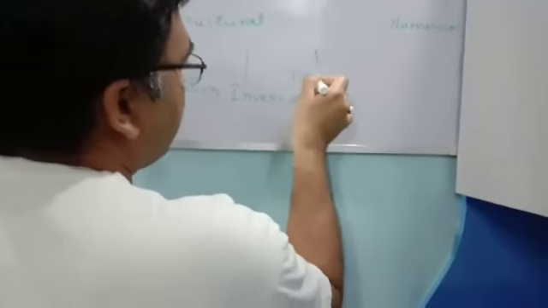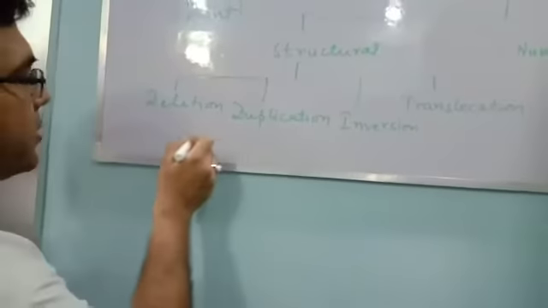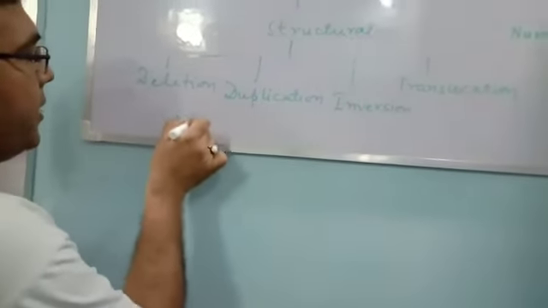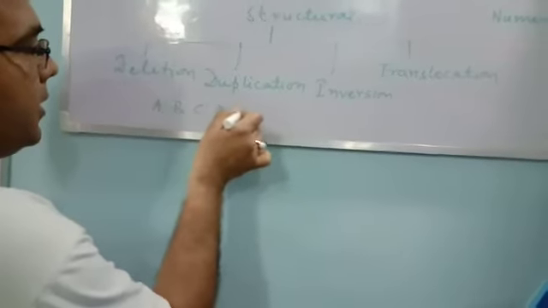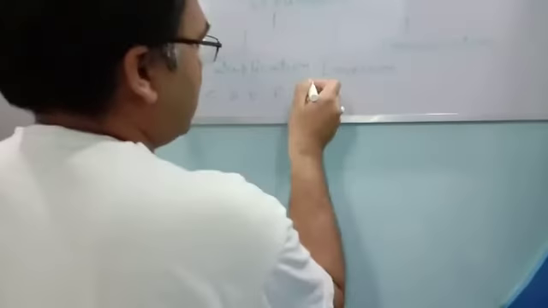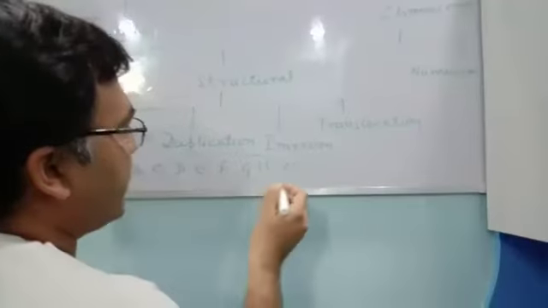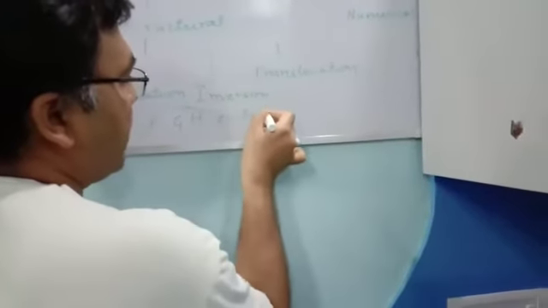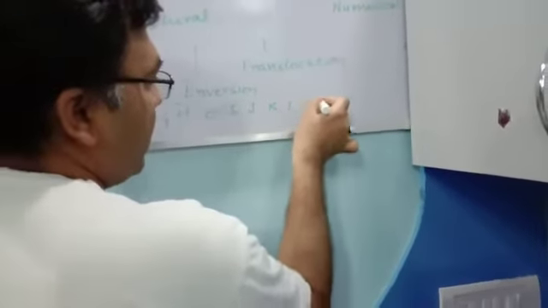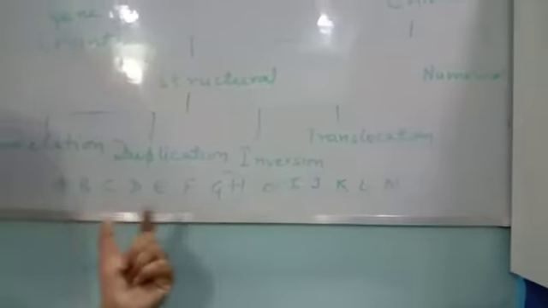So here you can see, talking about deletion, if there is a sequence like A, B, C, D, E, F, G, H present on one arm of a chromosome, and there is another arm of a chromosome like this, at which we have I, J, K, L, M. So these are basically representing the genes which are present on the chromosome.